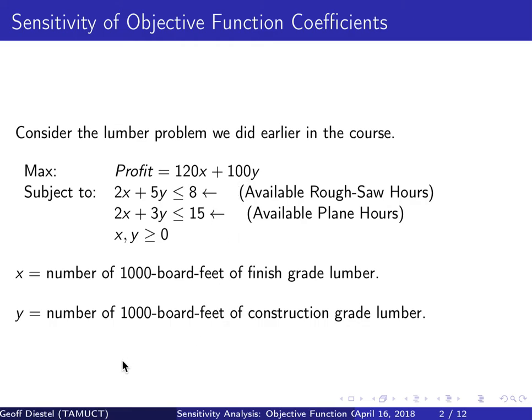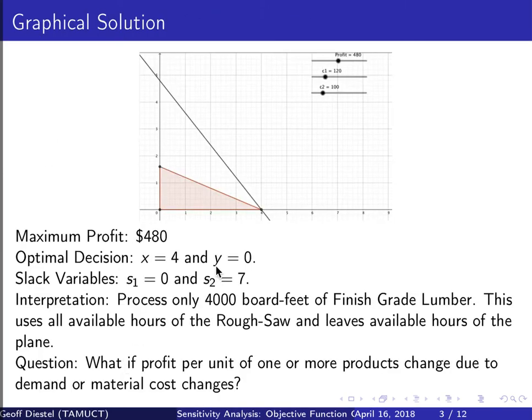And again, this is a simple two variable problem that we can solve graphically. We actually graph these inequalities. We actually see that one of them is redundant. It doesn't actually appear in the graphical solution. So you see our feasible region in this case is really just a triangle.